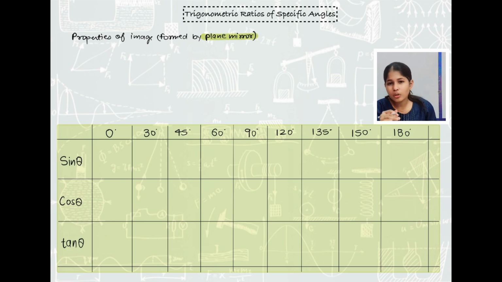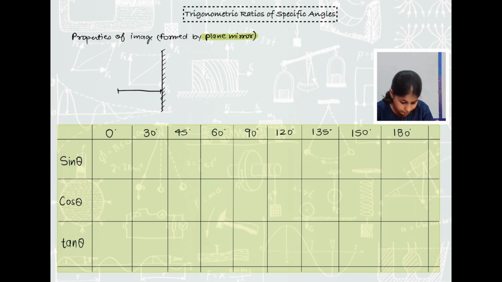In a plane mirror, one of the properties is that, let's assume that this is our mirror. Don't worry, I can remember everything. So the distance of the object, the distance of the image, the distance of the mirror.